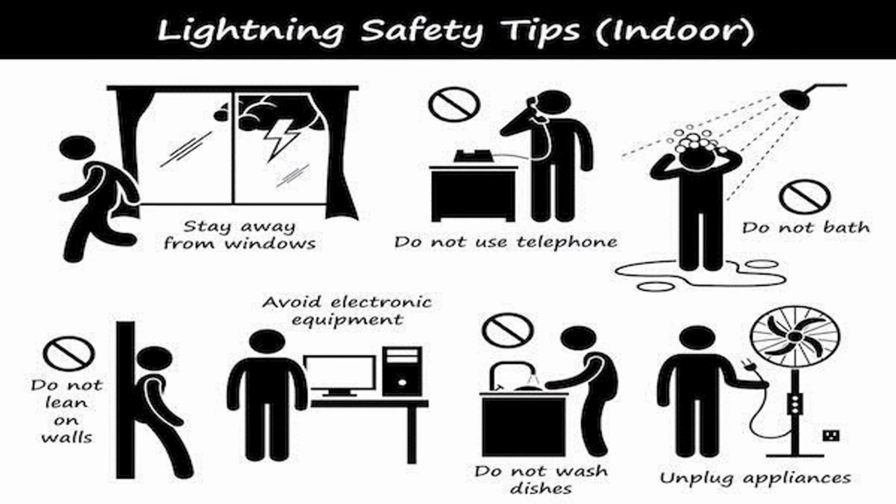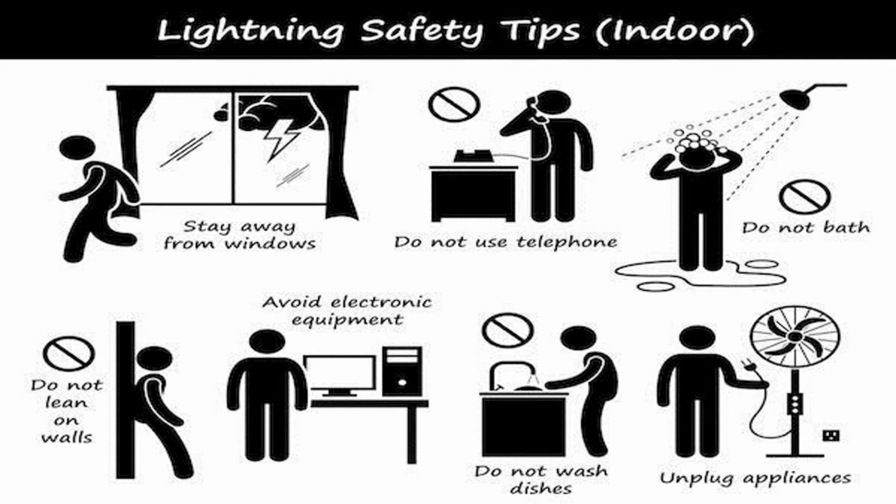Now we will discuss the precautions to be taken inside a house. Lightning can strike the exposed metal pipes, telephone wires, TV antennas and electric wires. Avoid contact with these during a lightning storm. Use only a mobile phone and please make sure that you are contacting a person who also has a mobile phone.